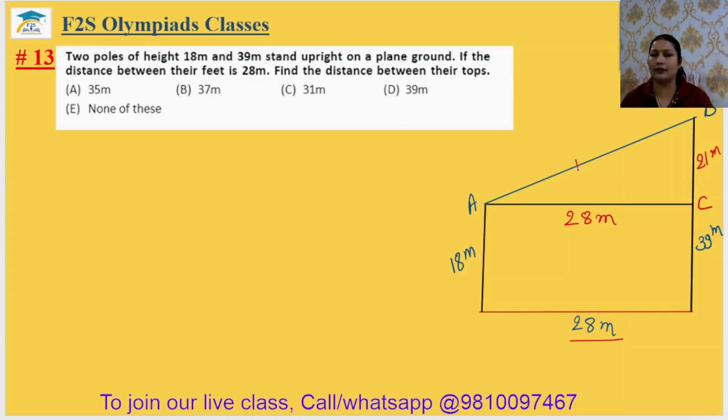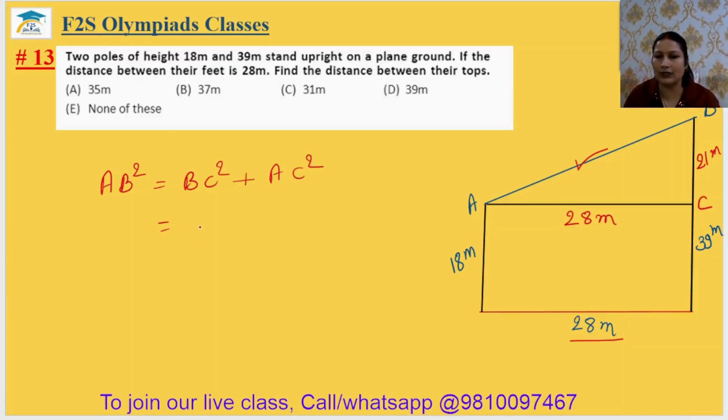We have to find the distance AB because this is the distance between the two poles. So using the Pythagorean triplets, AB square equal to BC square plus AC square.